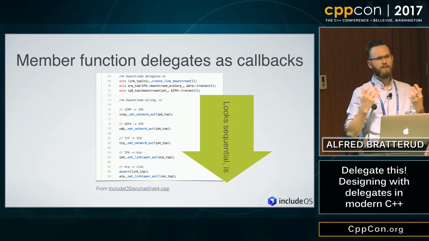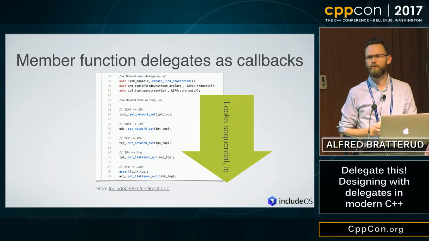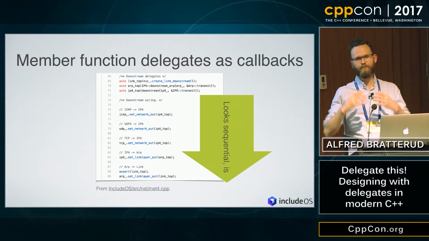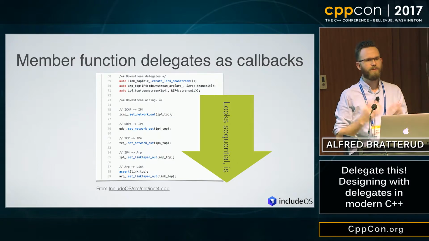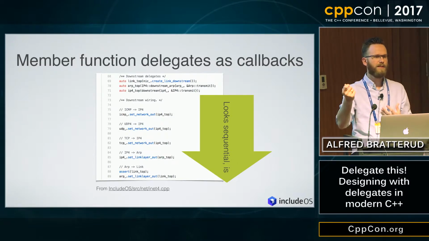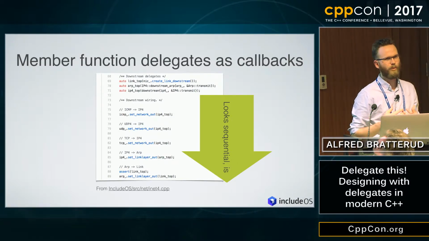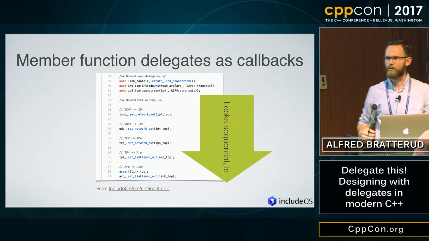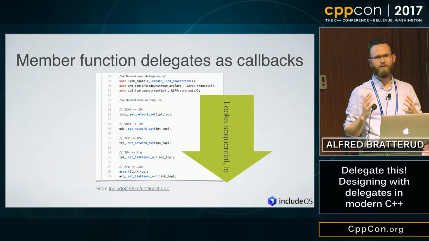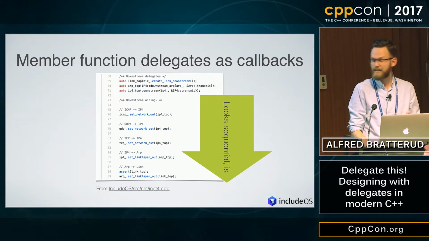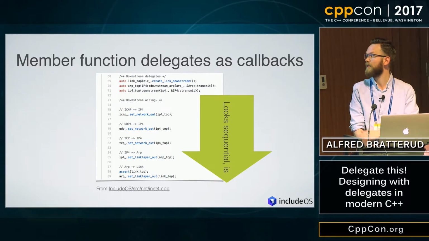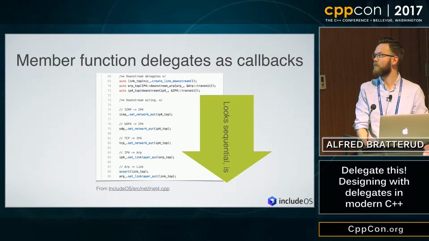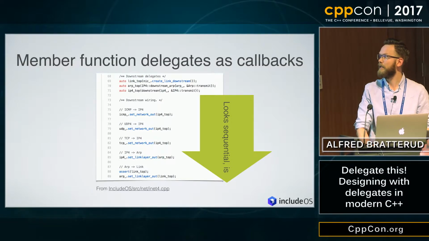So if it's possible for you, instead of nesting lambdas like that, to use delegates and to have one protocol object point to another protocol object, then it doesn't necessarily have to feel as async. And this is, of course, sequential code, although the underlying system is completely asynchronous.